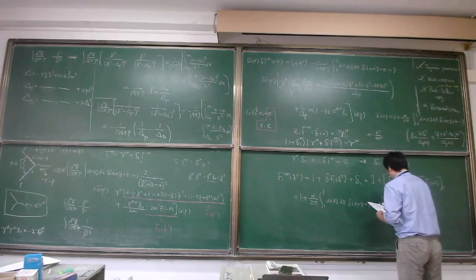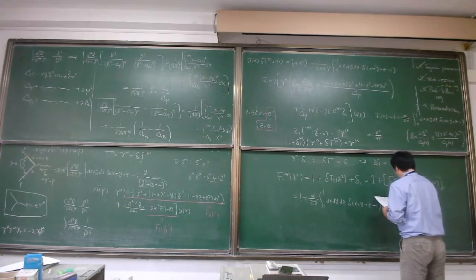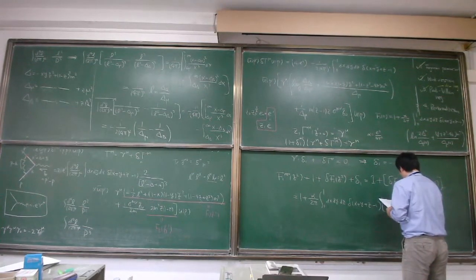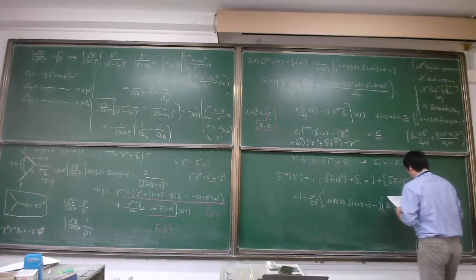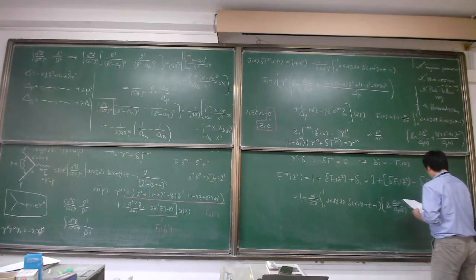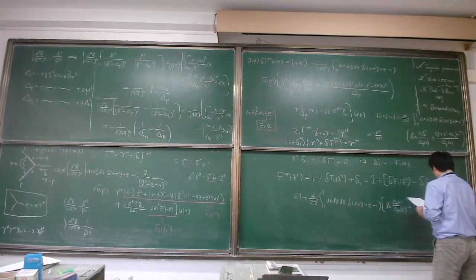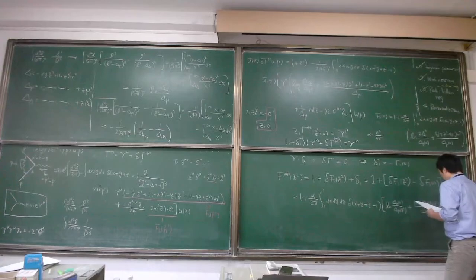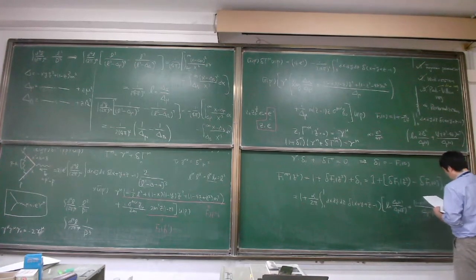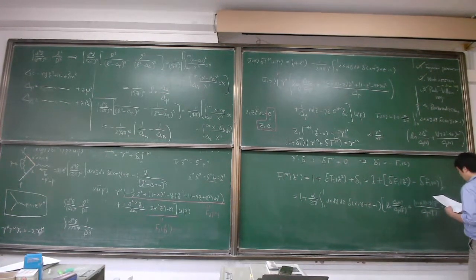And then we will have log of delta mu 0 plus 1 minus x, 1 minus y, q squared divided by delta mu squared plus 1 minus z squared minus 4z m squared divided by delta mu squared.